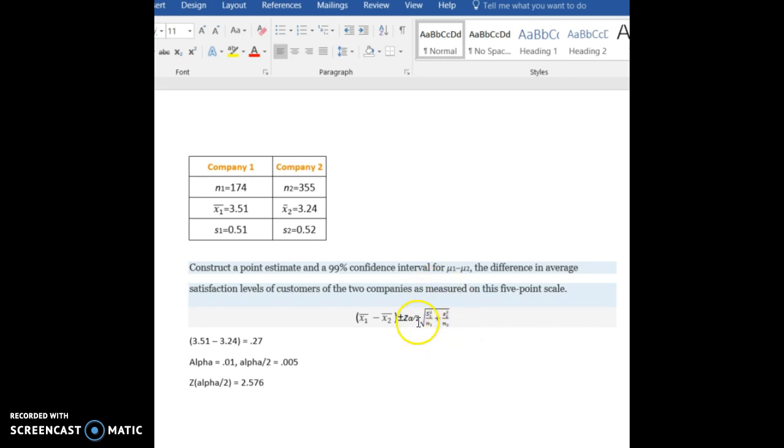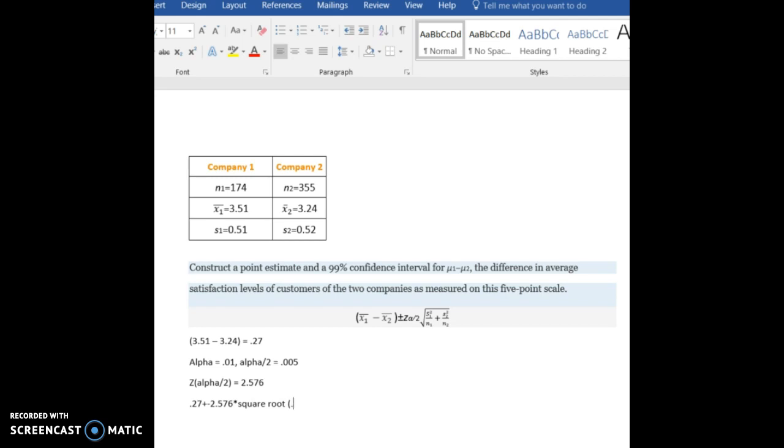All right, so let's fill in this nasty formula now. We've got our x1 bar minus our x2 bar, that's 0.27, and we want to do plus and minus z of alpha over 2, which is 2.576, times the square root of S1 squared divided by N1.